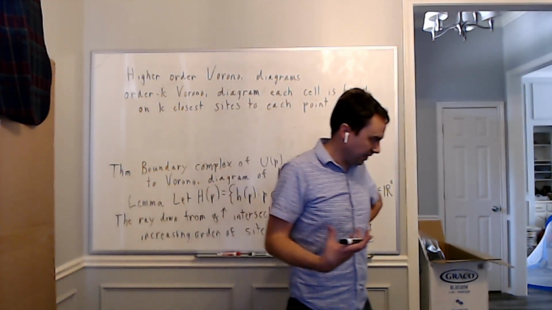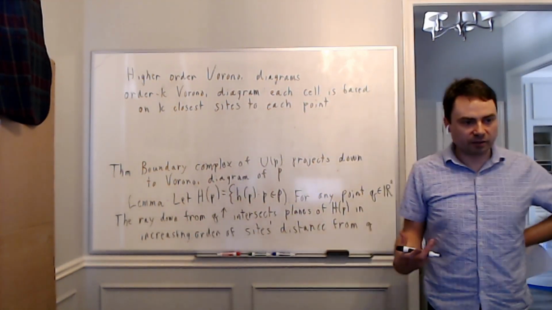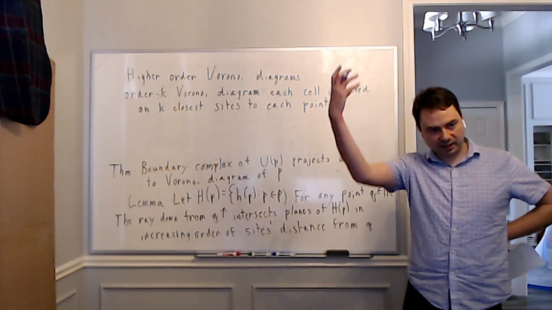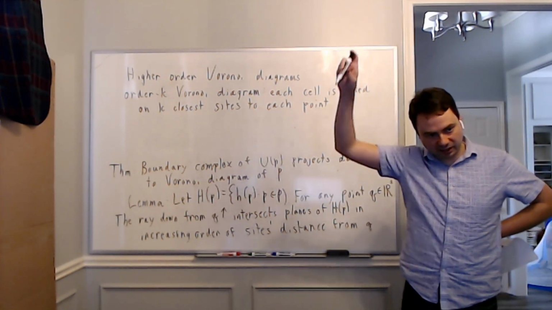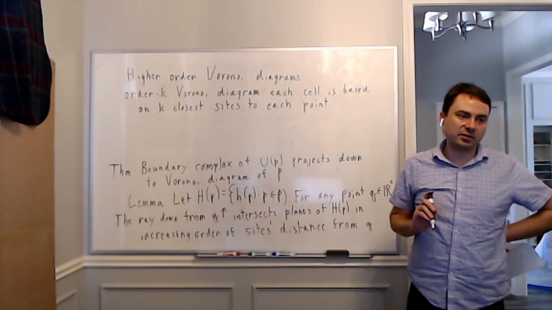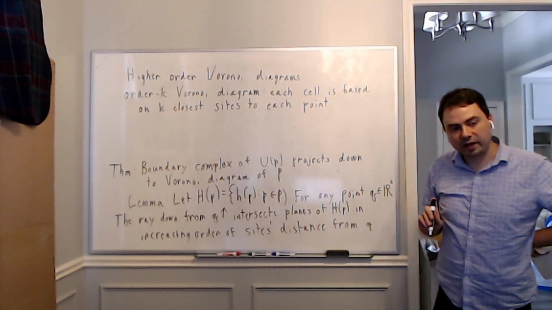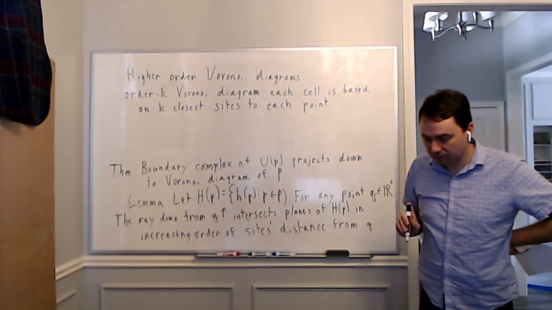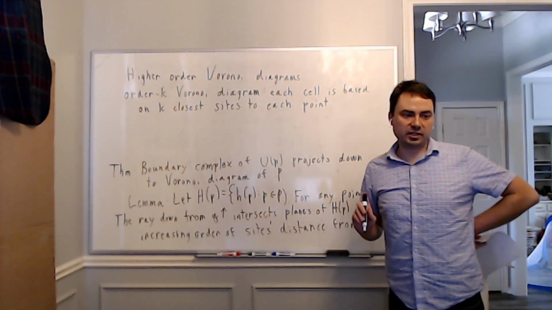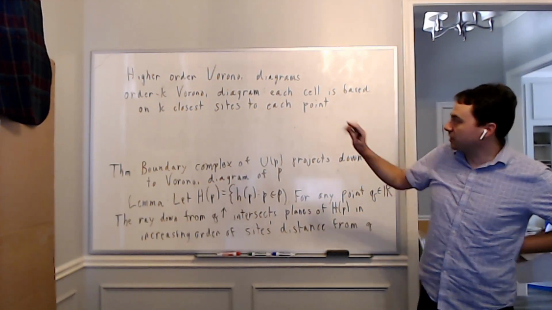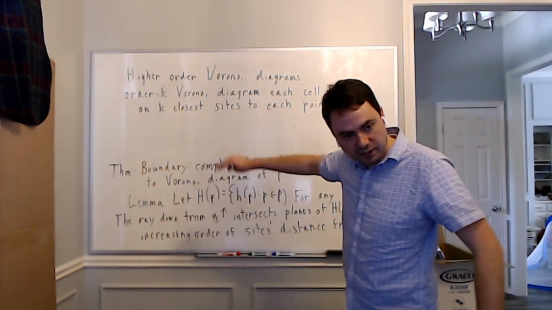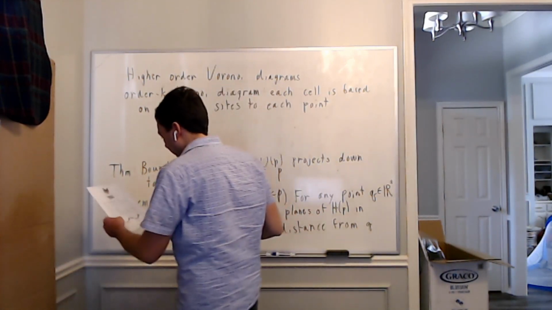This works very nicely with that lemma I showed you earlier, where if I take a point Q and I lift it up to the paraboloid, and then I look at all of those hyperplanes intersected by the ray going down from Q up, that can actually tell us all about these different cells in order K Voronoi diagram.